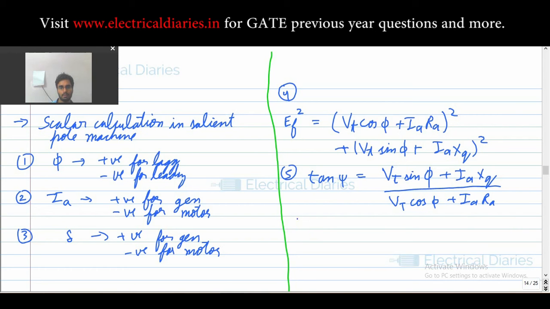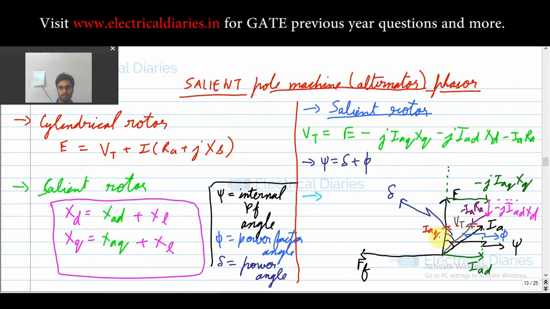Now your sixth will be your ID. What I mean to say is, your ID can be written as Ia sin psi.